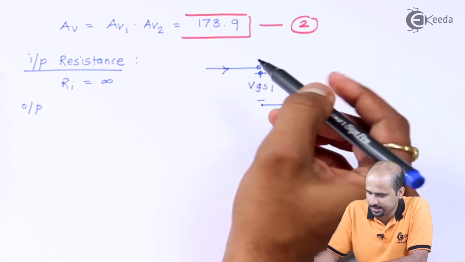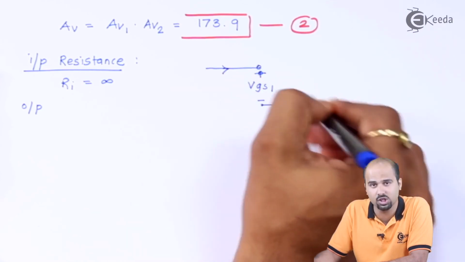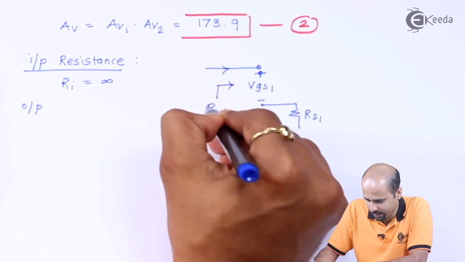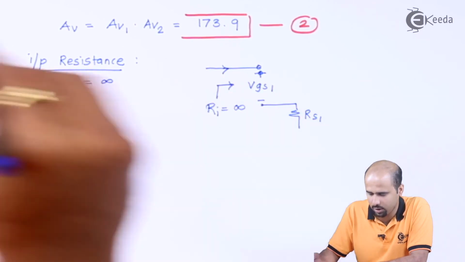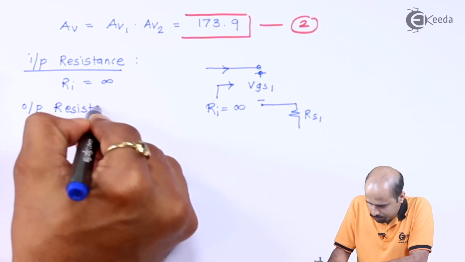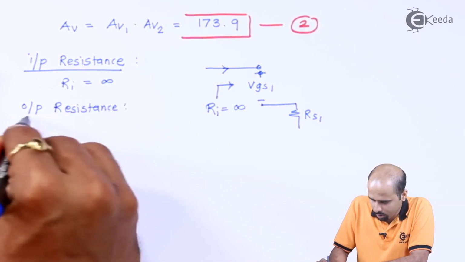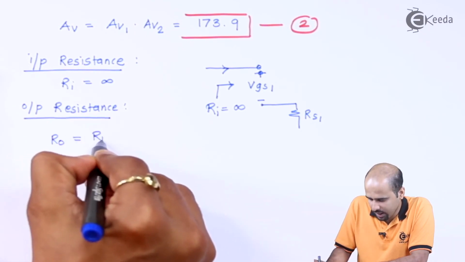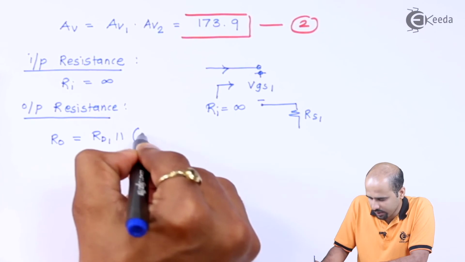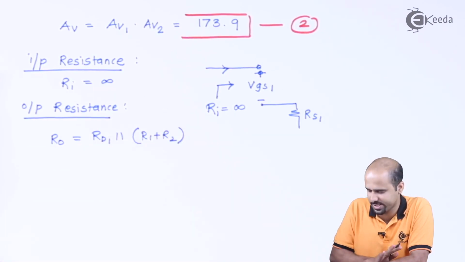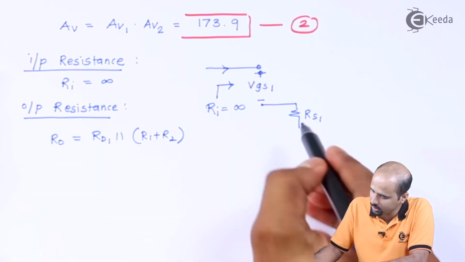So I will not consider this as a resistance at the input side, so Ri will be infinite. At the output side, that is RO. RO is RD1 in parallel with R1 plus R2. Very simple, straightforward calculation.